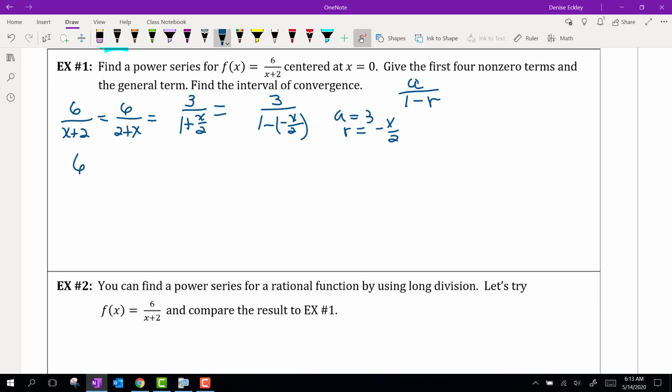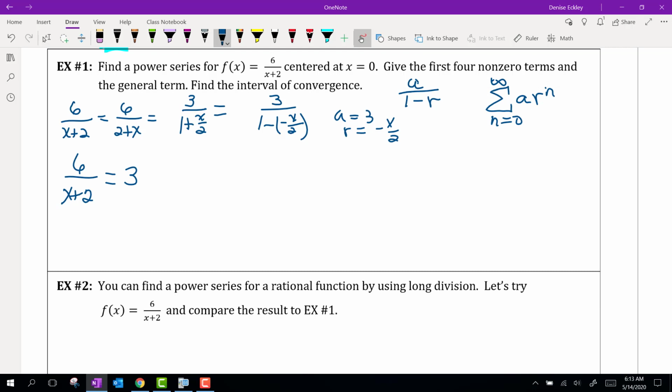So 6 over x plus 2 can be written as 3. Think of this how we write out a geometric series, which is the summation n equals 0 to infinity of a times r to the n.